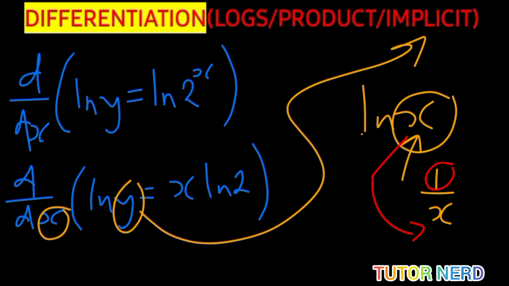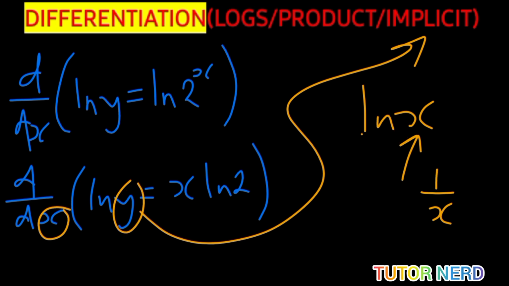Now here we are having a y. What are we going to do? We're going to differentiate it normally, just the way we do it when we have x. So it will be 1 over y. But we're going to add something to that answer, which is dy over dx, just to denote that this function was differentiated with respect to x, but we were not having the x function in that expression.